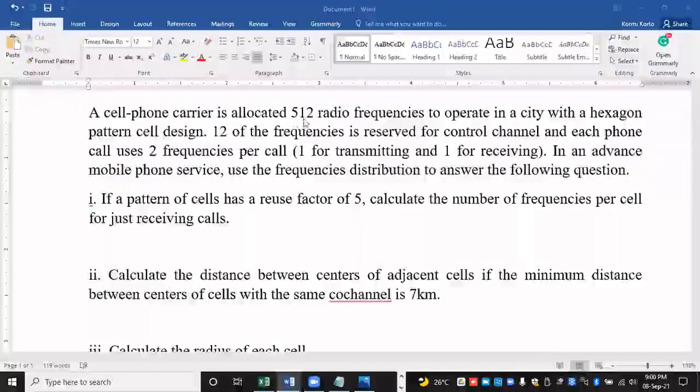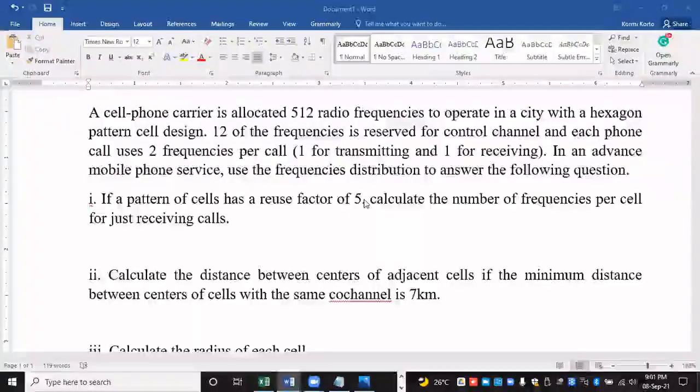To calculate the number of frequencies per cell, it's going to be 500 divided by 12, the 12 happens to be the number of... oh, sorry, by 5. What am I saying? It has a reuse factor of 5, so it's going to be 500 divided by 5, because that's the reuse factor.